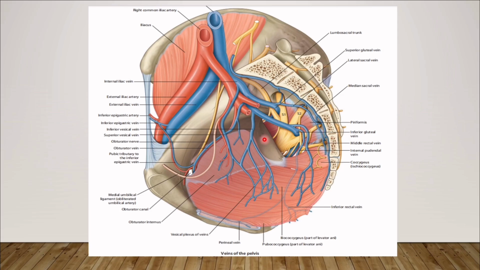Then the internal iliac vein is formed from these tributaries. They unite to form the internal iliac vein. Then at the level of the sacroiliac joint, they unite to form the common iliac vein. These are the ones which will drain the true pelvis. Good.